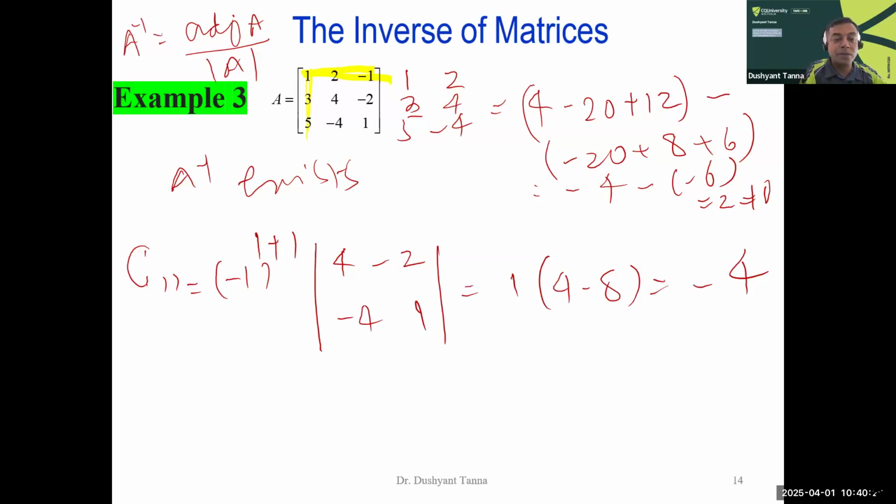Then we go for the next cofactor, C12. What do we do for C12? We hide the first row, second column.